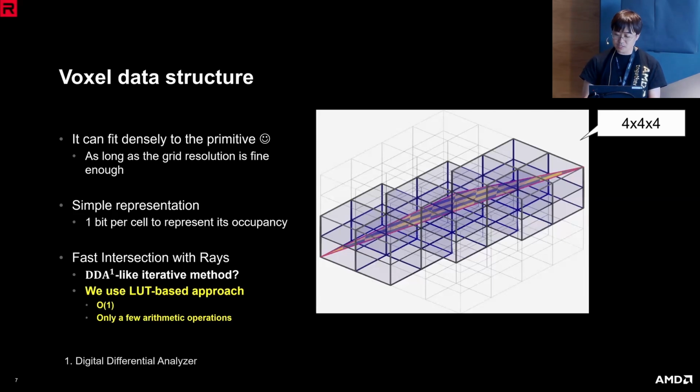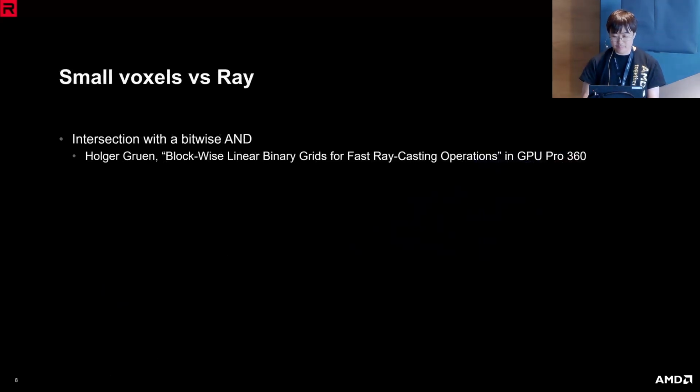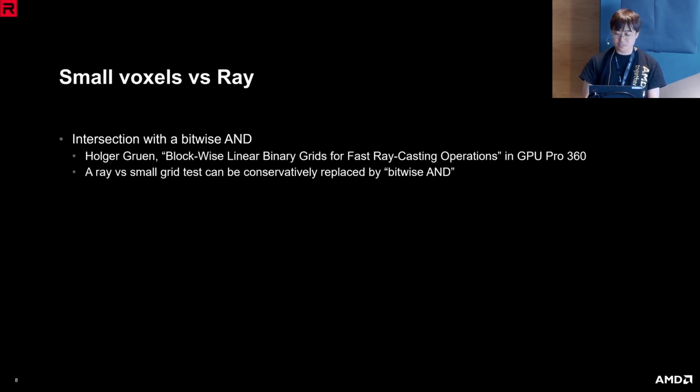But we use a LUT-based approach instead because it's O(1) complexity and it requires only a few arithmetic operations. I will discuss it a bit more. The idea is to use bitwise AND operation. It is proposed in an article by Holger Gruen in GPU Pro 360. A ray versus a small grid test can be conservatively replaced by bitwise AND.